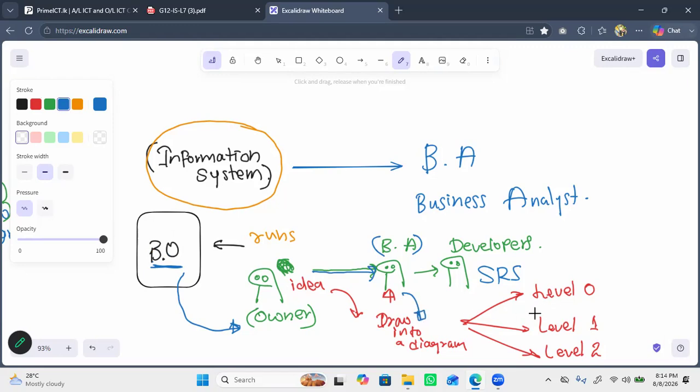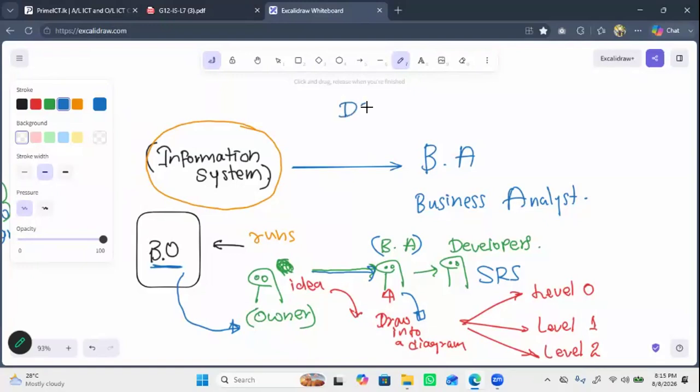Now the business analyst should take that idea and draw these diagrams. These diagrams are called data flow diagrams. Not only data flow, there are several diagrams. Out of those set of diagrams, this is one type, a data flow diagram. Understood what is DFD, kids? Drop me a message. It is a diagram to understand the information system, right? What are we showing inside the DFD?